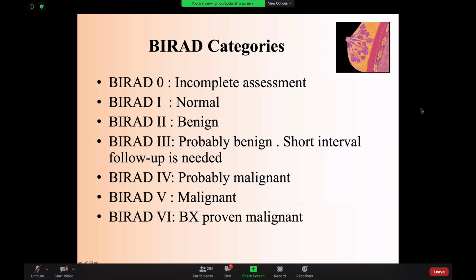When I call BI-RADS 1 and 2, it means that this mammogram has either normal or benign finding, and I'm not worried about it. When I call BI-RADS 3, the implication of that is it is a probably benign finding. What does that mean? It means that what I see has a probability of 98% to be benign. However, there is 2% that this mammogram or this finding could be malignant, which is very small percent.